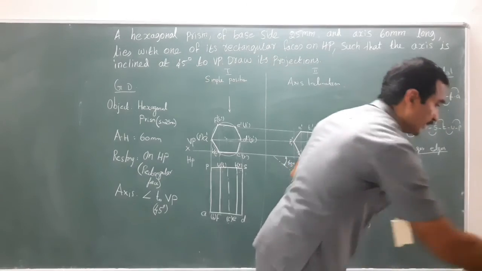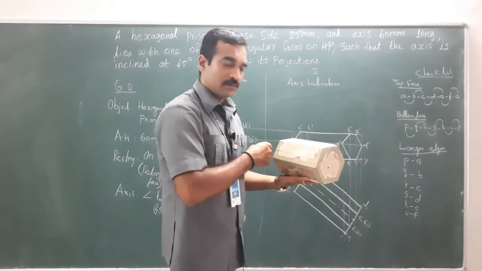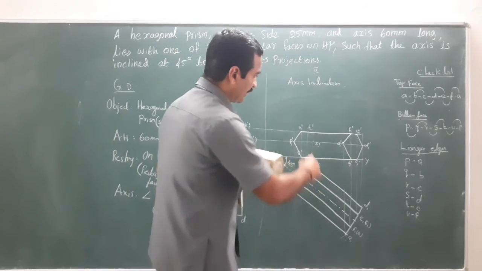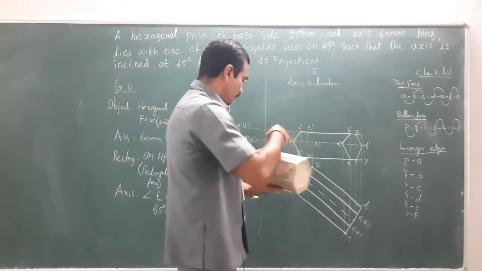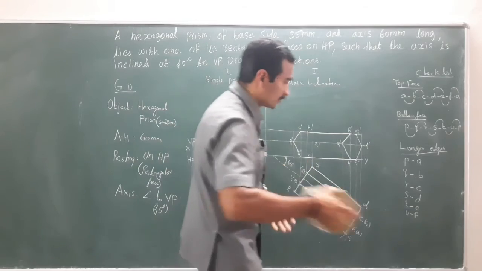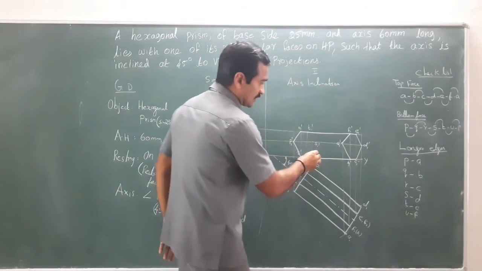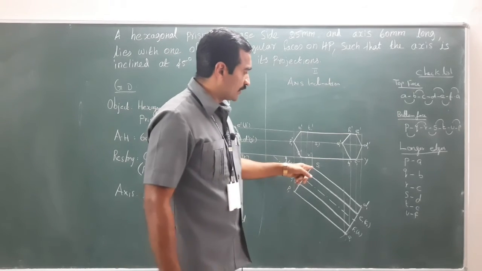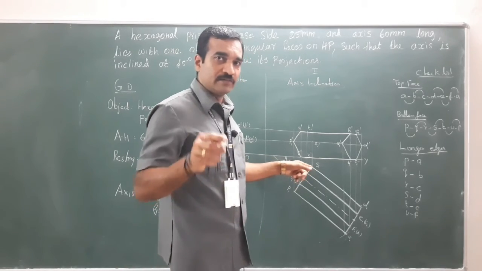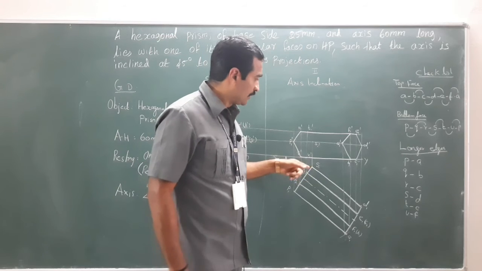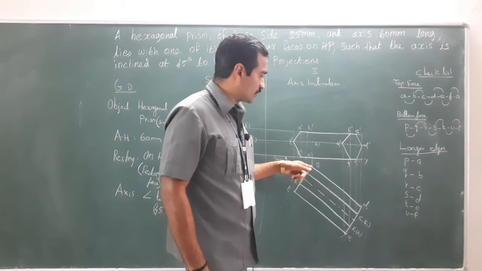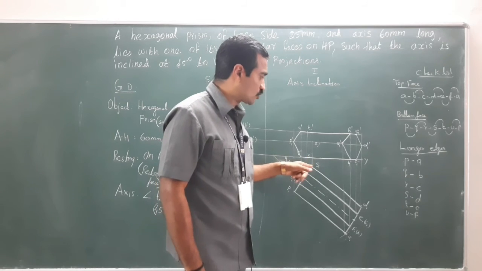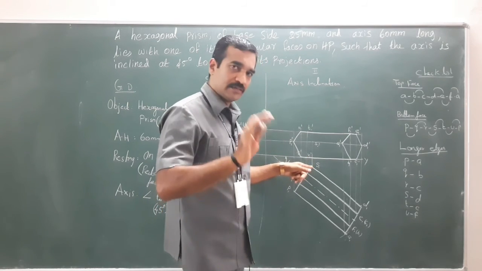Then what about the rear? So only 4 and 5 corners are visible, isn't it? So R to S and S to T are invisible, because here, look at here, I have given some hint in the previous problem. The point, that edge or corner which is nearer to the XY, assume this is this point.